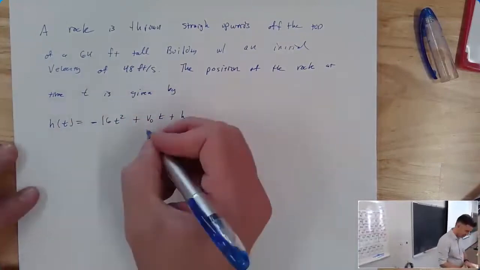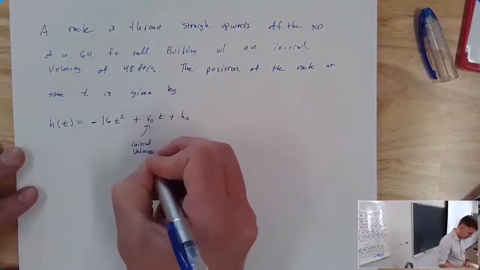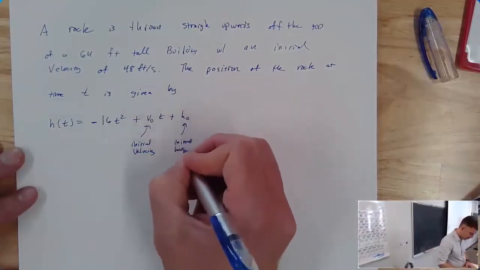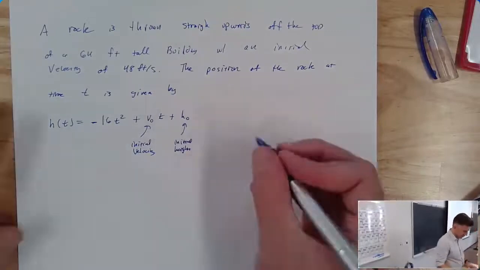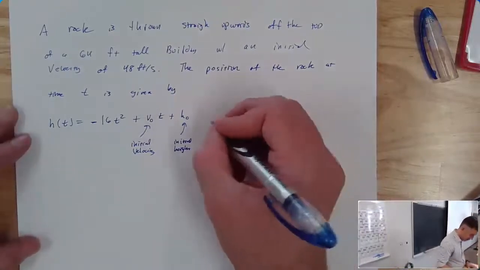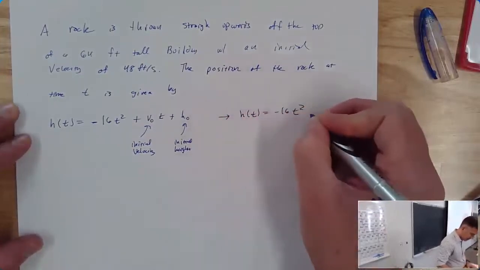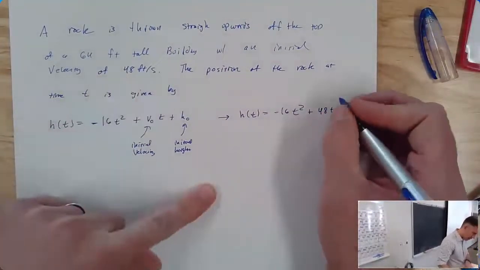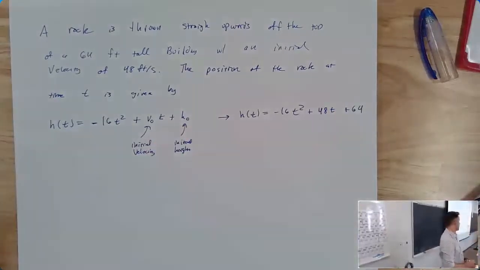V naught is your initial velocity or speed. H naught is your initial height. In this particular case, it's going to equal negative 16t squared plus 48t plus 64 feet. It's measured in feet.